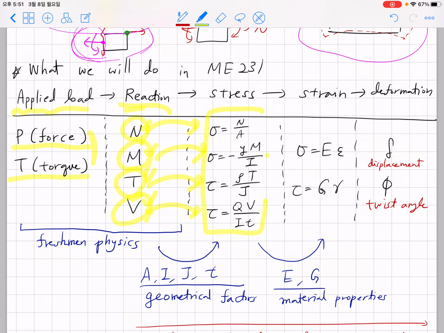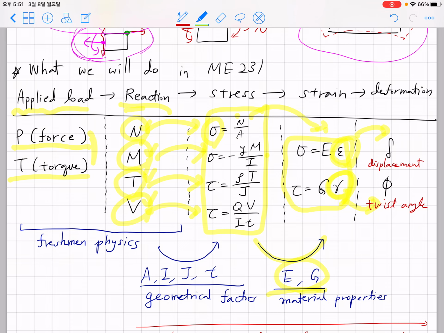After obtaining normal stress and shear stress acting on a specific plane, you're gonna make a connection between stress and strain at a local point. When making a connection between stress and strain, you're gonna use material properties called Young's modulus and shear modulus. After obtaining shear strain and normal strain, you can obtain displacement and twist angle for your cylindrical body.